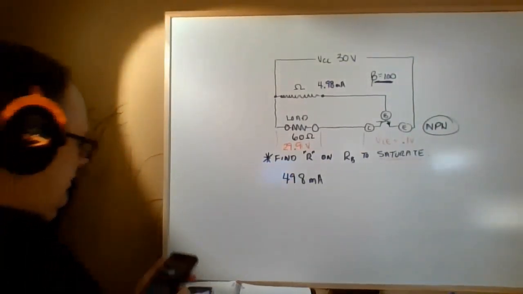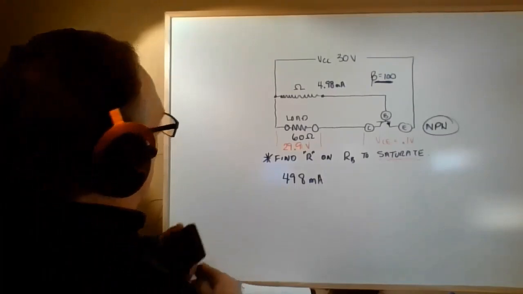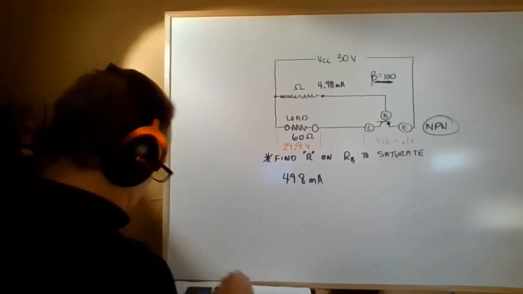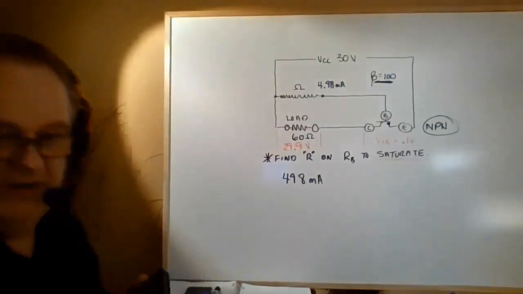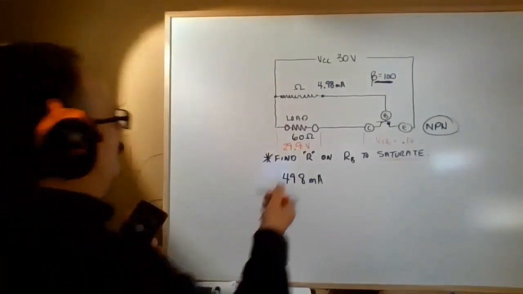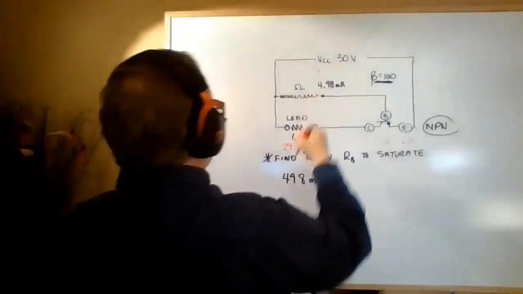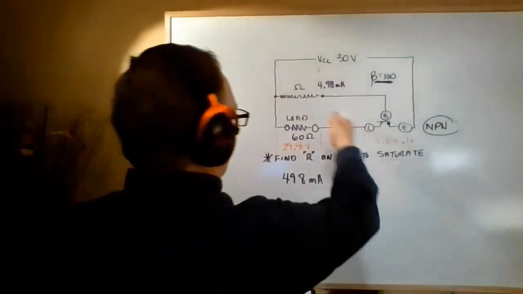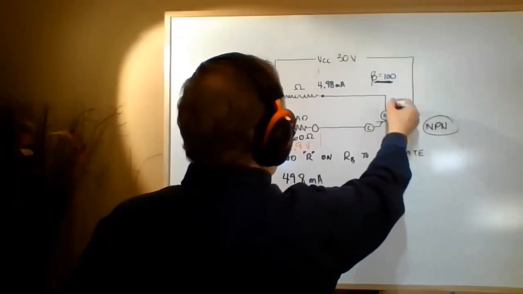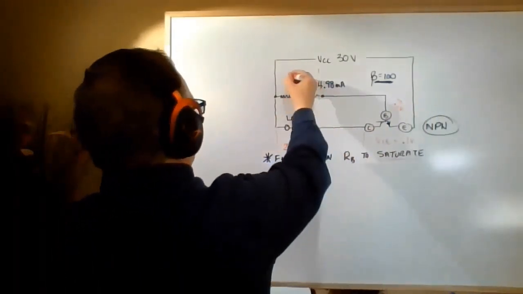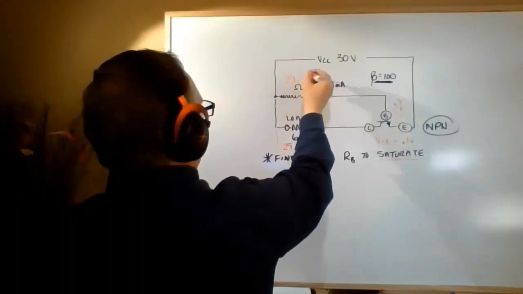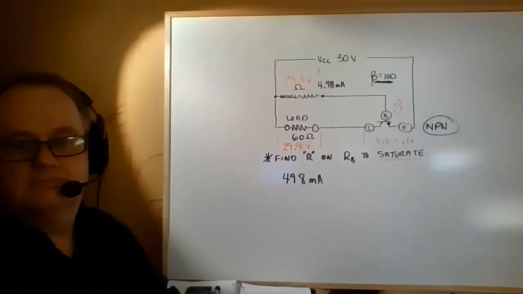Now, if I knew the actual voltage across that base resistor, then I would be able to find the size of the resistance, no problem. And the truth is I do know, because I've got this very constant relationship, which is 0.7 of a volt. And so that means this is 29.3.